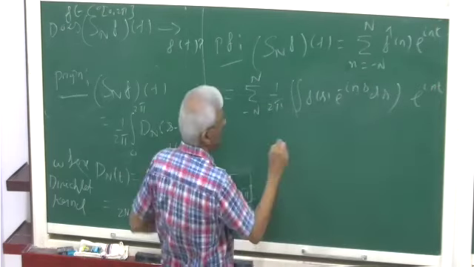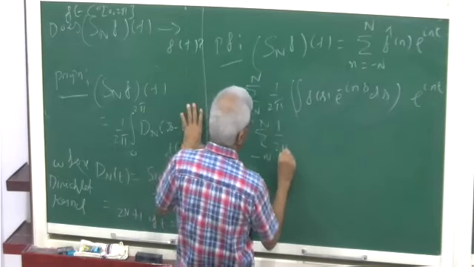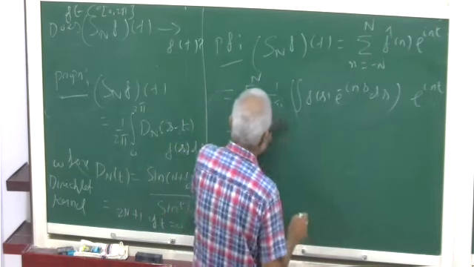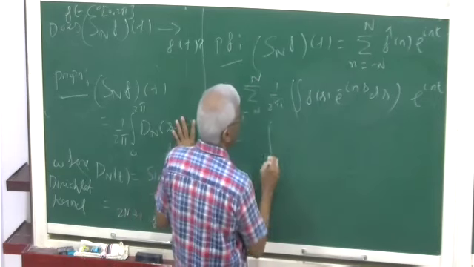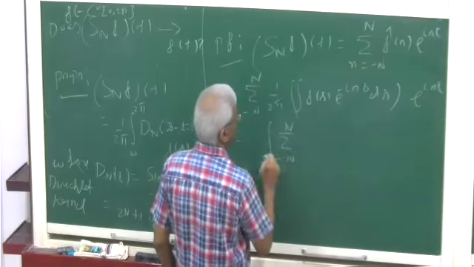You will get e^{in(t-s)}, which is equal to sum from minus n to n by 2π. You can take the sum inside the integral.